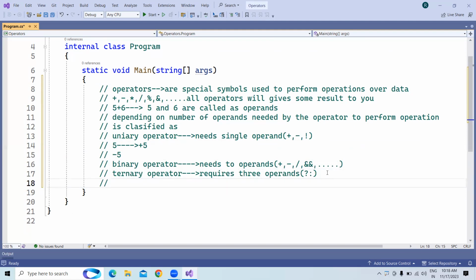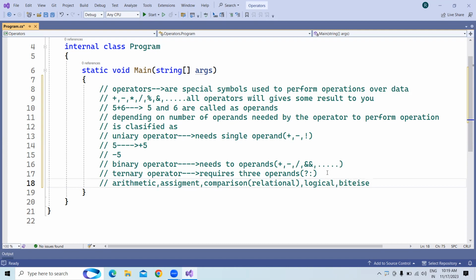According to the operation a symbol performs, operators are also classified as arithmetic operators, assignment operators, comparison operators, or relational operators, then logical operators, and then bitwise operators.